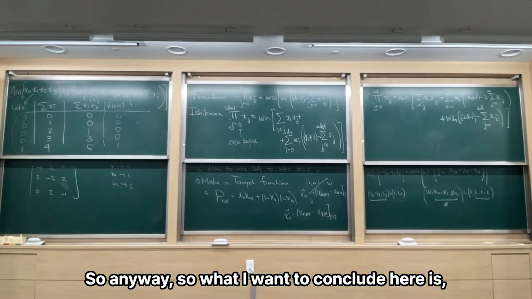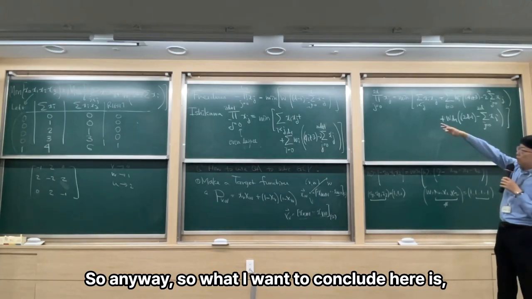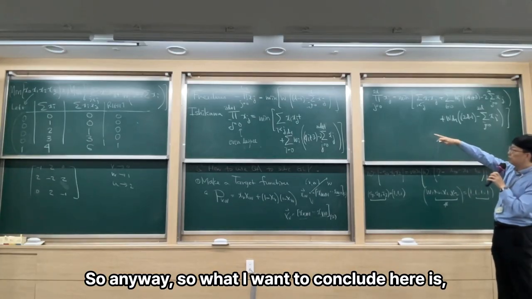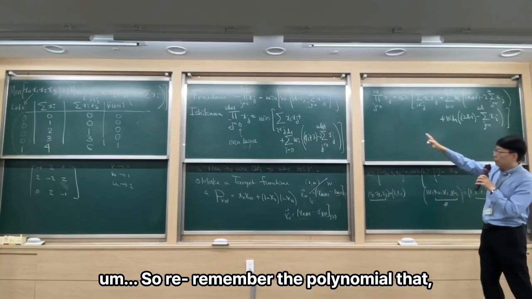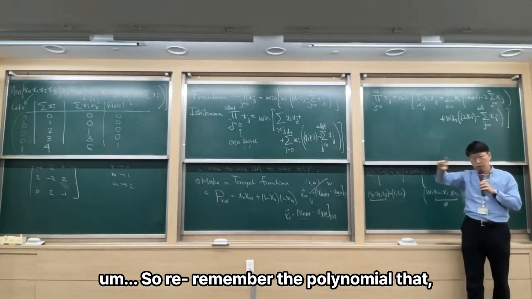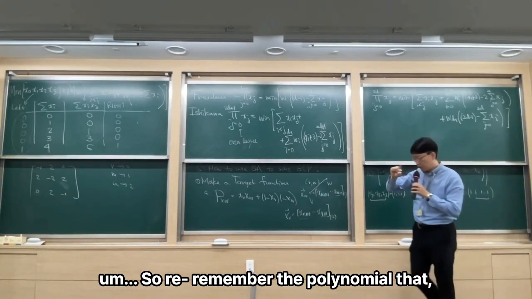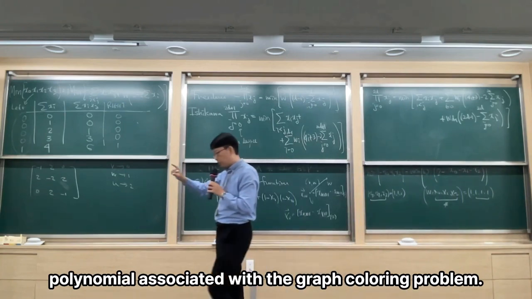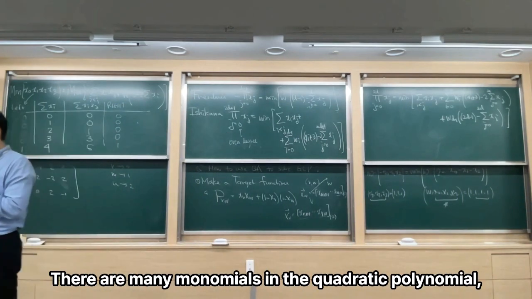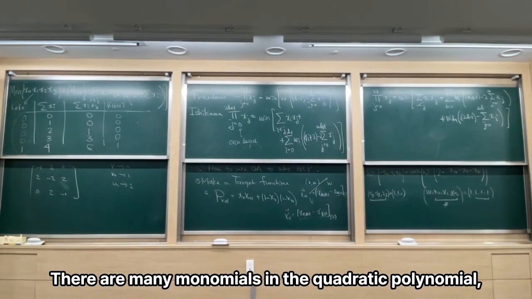I think you can do it, but there are many problems you can even tackle in this quantum business. So anyway, what I want to conclude here is, remember the polynomial associated to the graph coloring problem. There are many monomials in the quadratic polynomial.